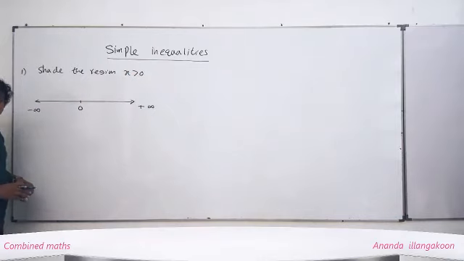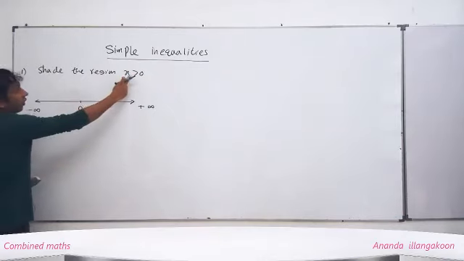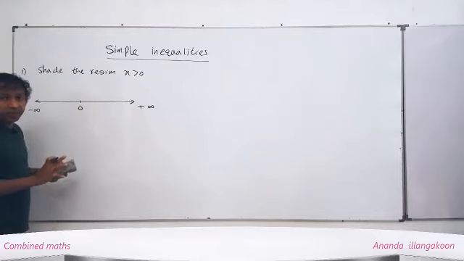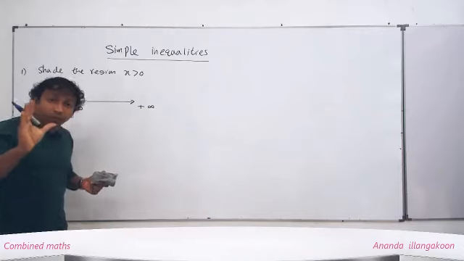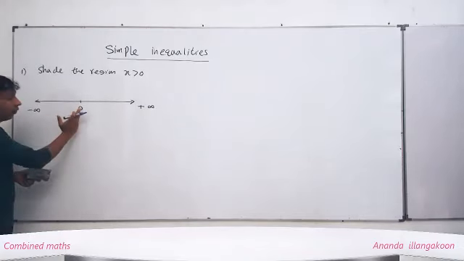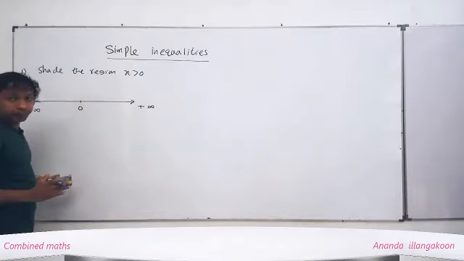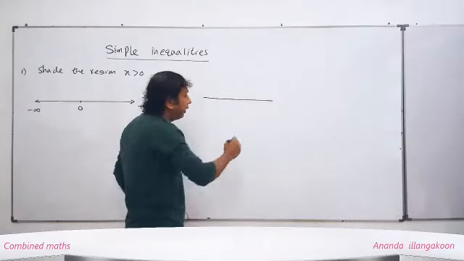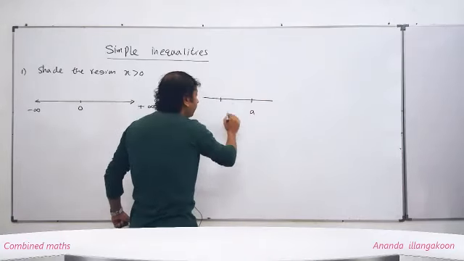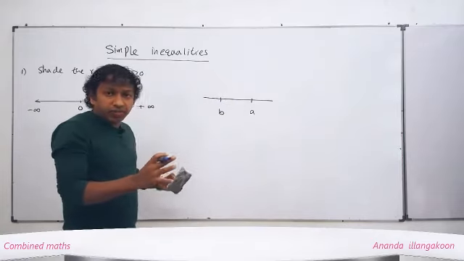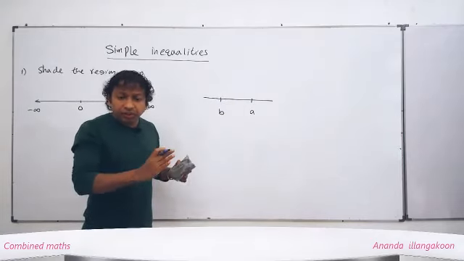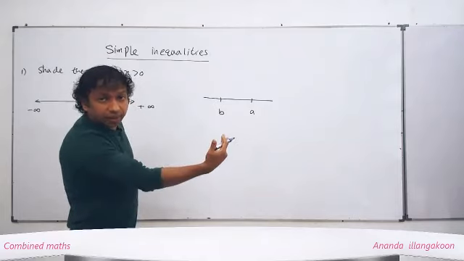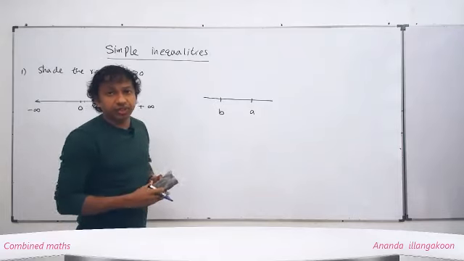People, x greater than 0 means x is any real number on the number line that should be greater than 0. All values greater than 0 are available on the right of 0. Remember, when we take two numbers a and b on the number line, the right hand side number is always bigger than the left hand side number.